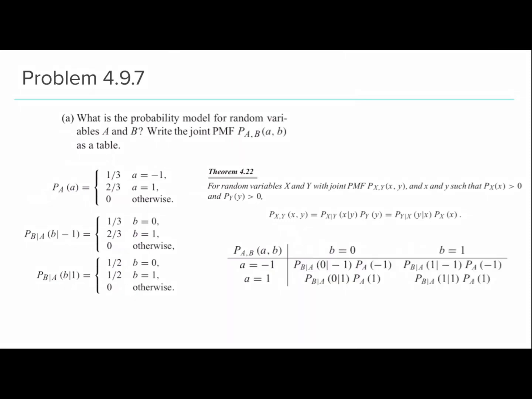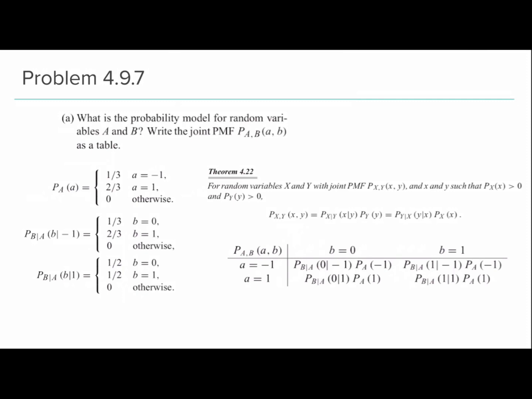And for the third entry, P of A, B for A is equal to 1 and B is equal to 0 is equal to P of B given A, B is equal to 0, A is equal to 1, into P of A is equal to 1. So for this, we'll be moving to the third definition, where P of B given A, B is equal to 0, A is equal to 1 is 1 by 2, into the probability that A is equal to 1, which is 2 by 3.